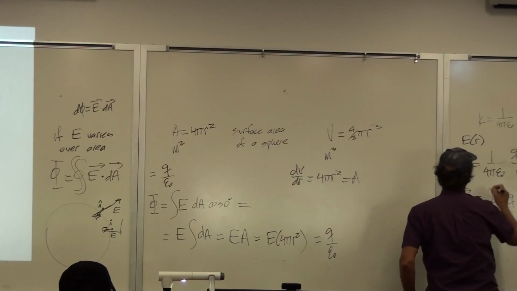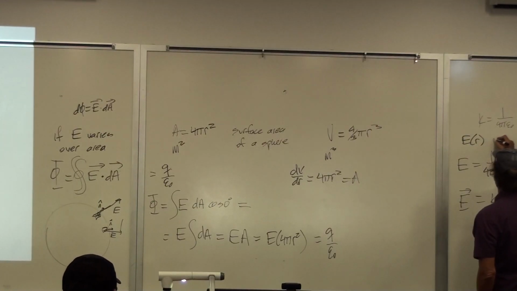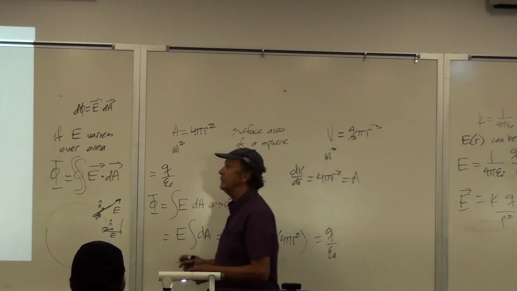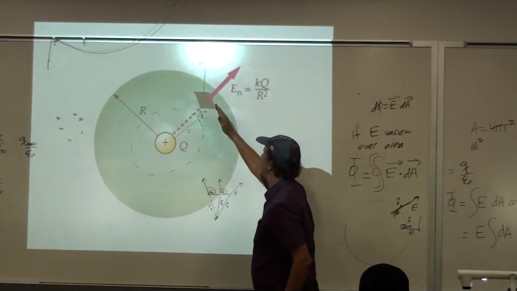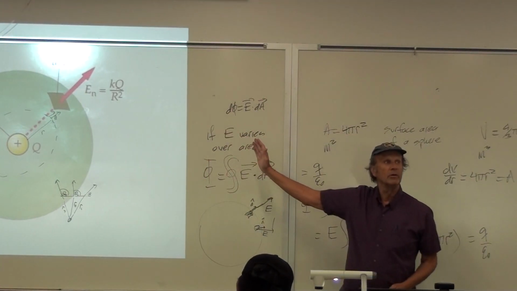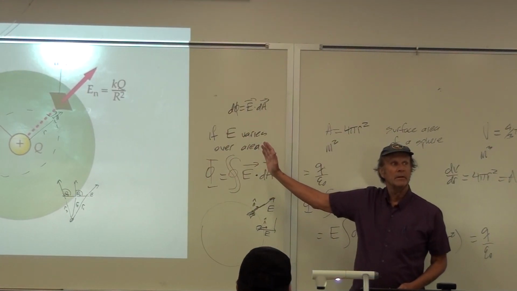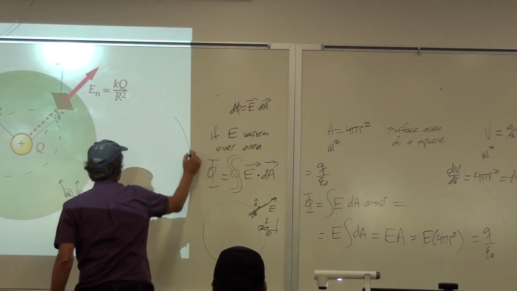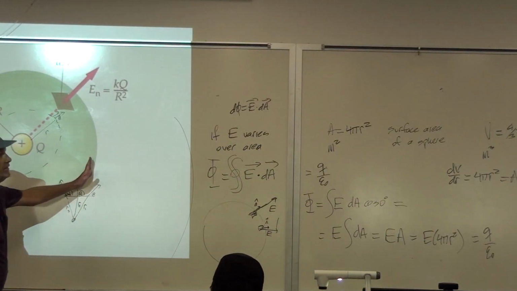So you can make the Gaussian surface any r you want. And in general, we just choose a representative r, but we could have made the r out here, and the Gauss's law integral would be the same. So in other words, the flux is the same out here as it is in here.